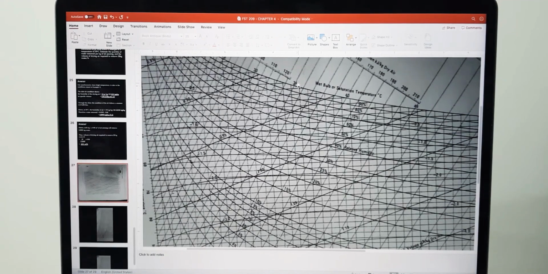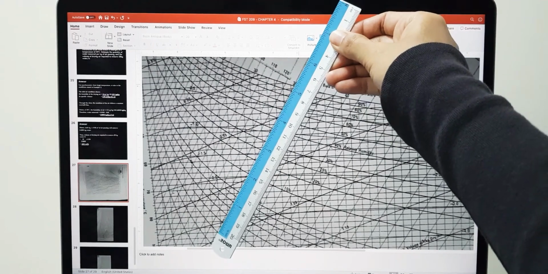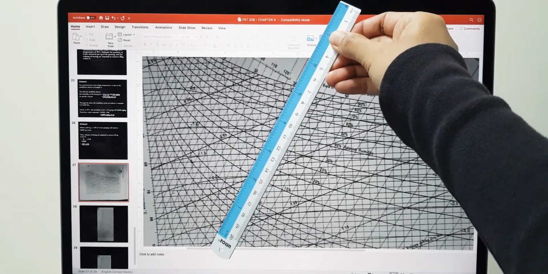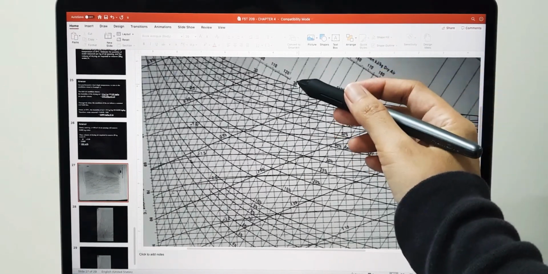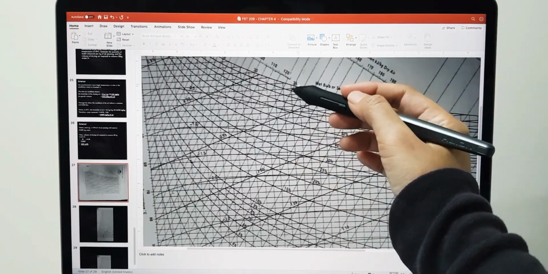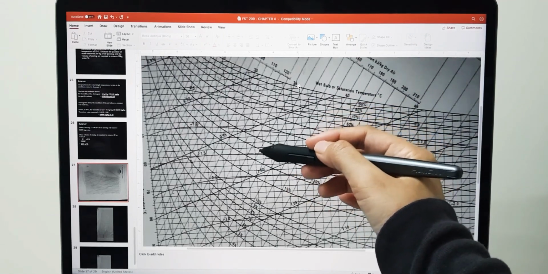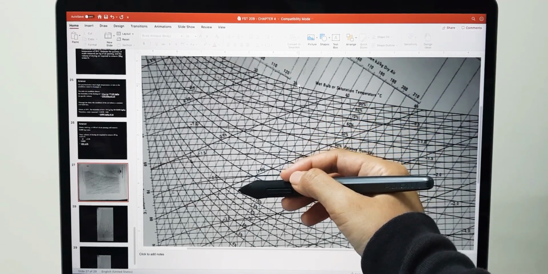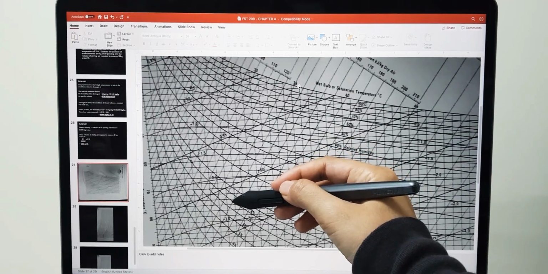So which is the line for 35? It's like this. 35, then you need to find the intercept point between the value of 35 and 8%. So you bring it down until it intercepts with the value of 8%. It's supposed to be here.